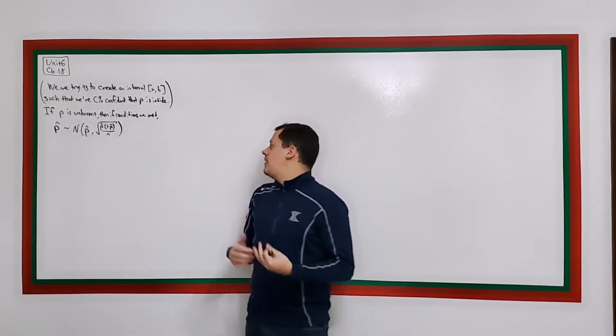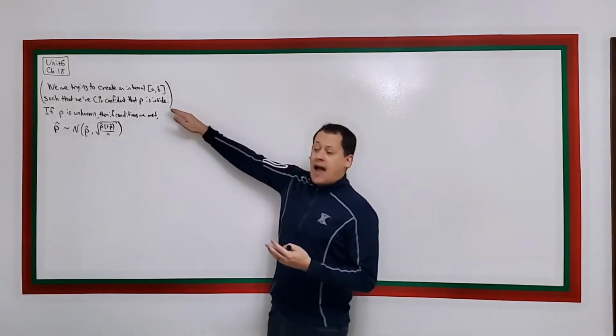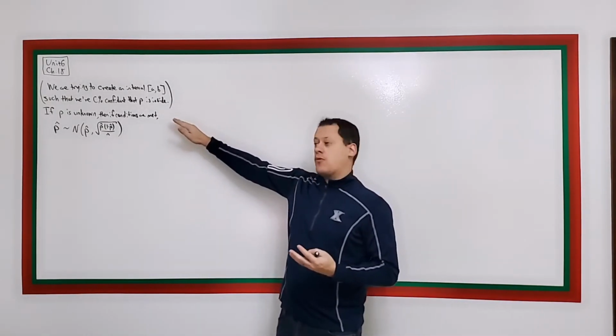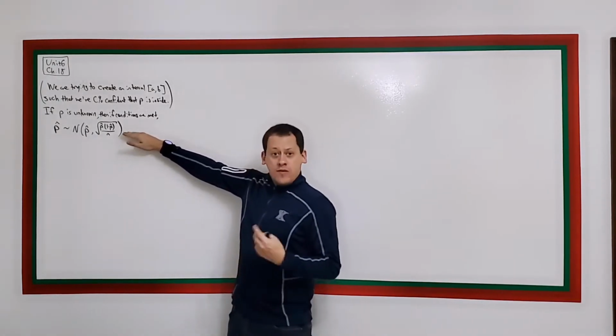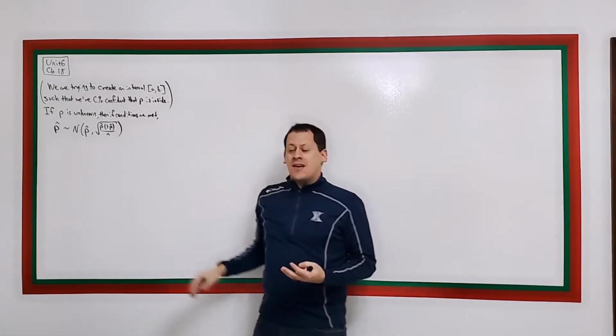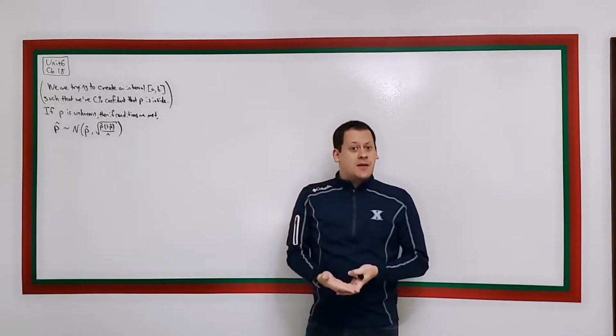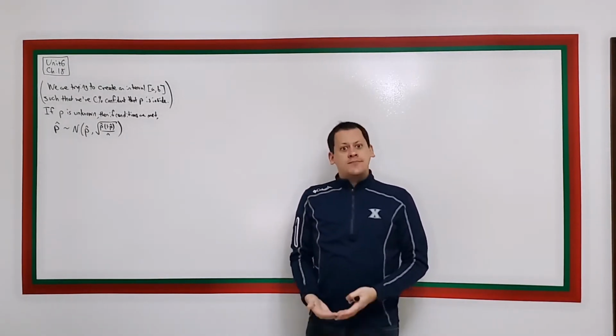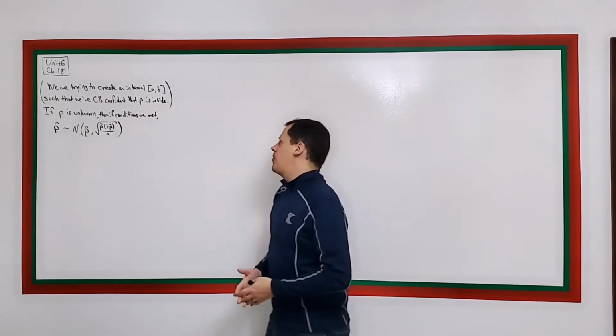So we set up some things that will help us calculate how this interval works. We first had to come up with a model to use, and we're going to be using the sampling distribution of P hat, the sampling distribution of a sample proportion.